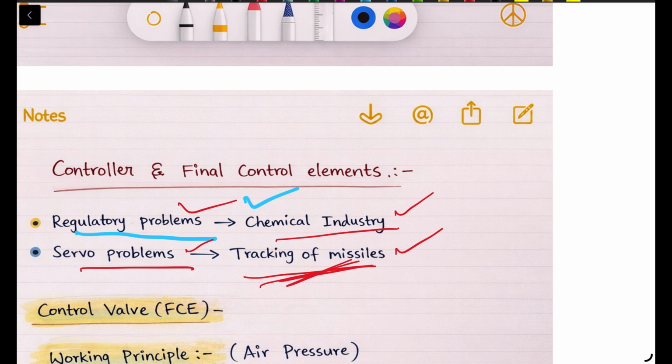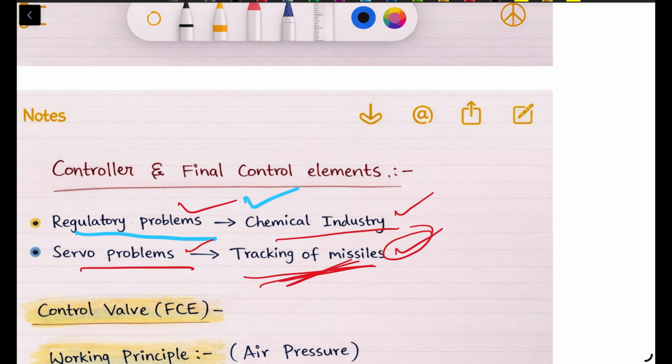In these systems, the desired position or trajectory keeps changing, and the system must continuously follow the new set point, like the tracking of missiles. In most videos, or when war comes, we are able to see this type of missile. So the main goal of servo control is accurate tracking of the desired signal.